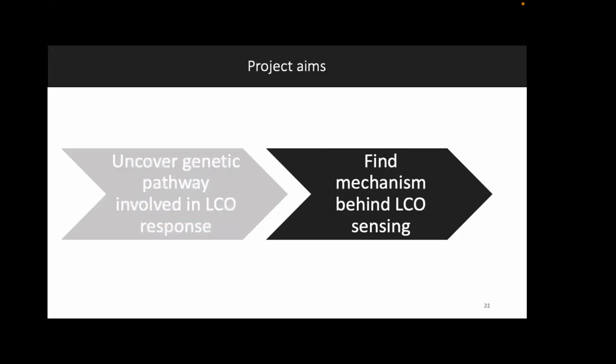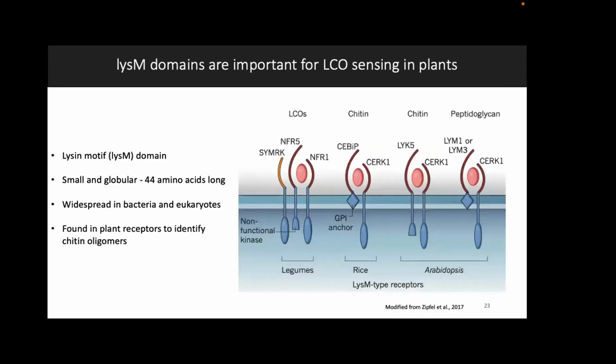The next part of the story is basically finding how Aspergillus senses LCOs. So here, Merlin wasn't really able to offer me a good candidate, but I feel here like we can learn a lot about how plants recognize LCOs. So again, plants need to recognize LCOs to initiate some sort of symbiotic association. And it does this through a type of transmembrane receptor, one that has a small domain called the LysM domain.